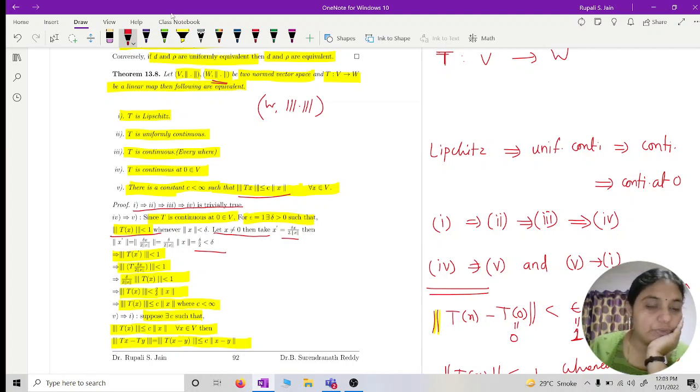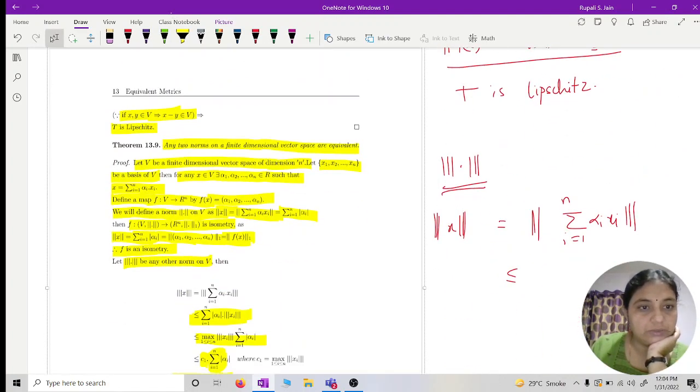Whenever we are talking about elements in W, we are using this triple norm notation, and whenever we are talking about elements in V, we are using just this notation. So this is the norm on W and this is the norm on V. Already I have explained it.